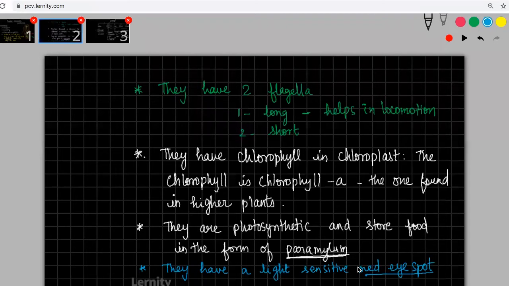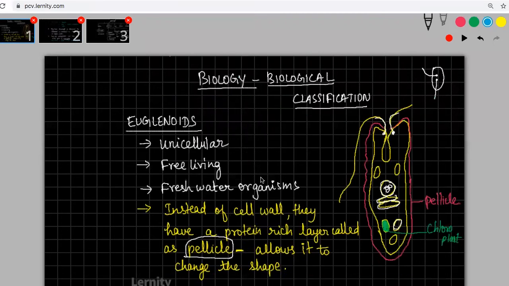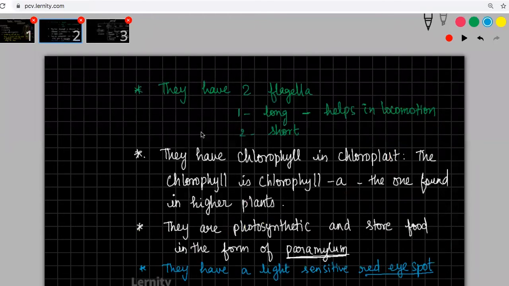Which means in this particular region, there is something called an eye spot. This eye spot is red in color and it is light sensitive, which means it will help the euglenoid to move towards the light or move away from the light.